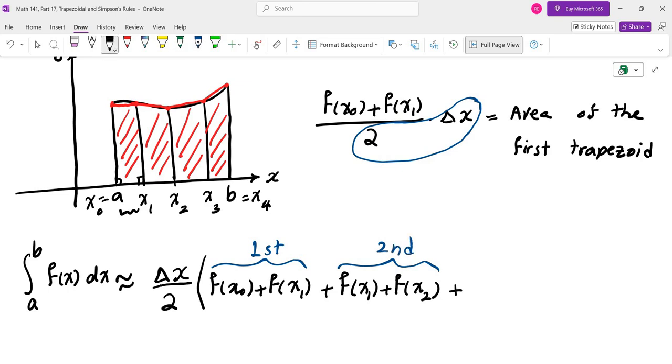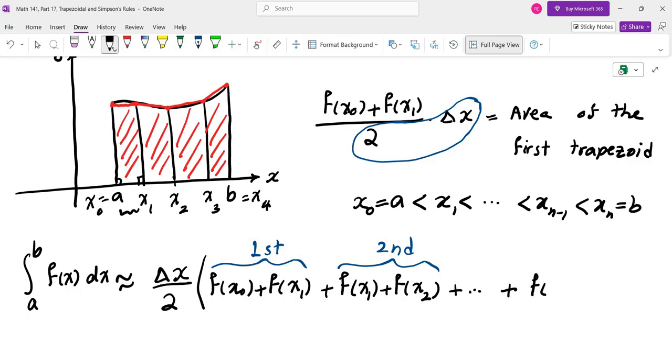And we do the same thing for the next trapezoid all the way to, let's say there are n trapezoids. So what we do is we take the interval from a to b and we divide it into n sub-intervals. So we have x0, x1, xn minus 1, and xn. So the last one would be f of xn minus 1 plus f of xn. So this would be for the nth trapezoid.